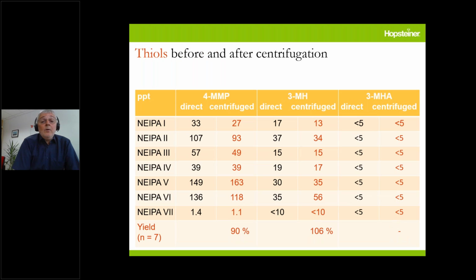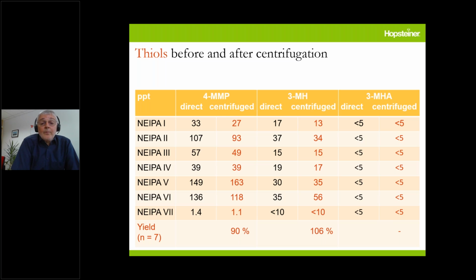And for the thiols, again, you see a rather high recovery rate after centrifugation. Thiols are also very polar. The thiol group is similar to the alcohol group, so the polarity is similar, and therefore you can expect, and this is confirmed here by the analysis, a low reduction by centrifugation because they are fully soluble in the liquid phase.